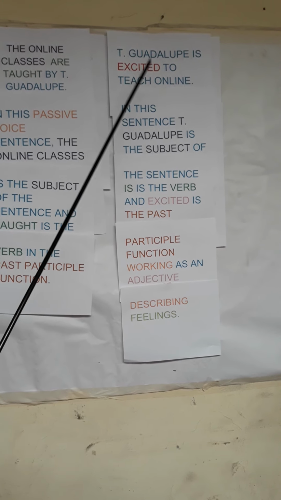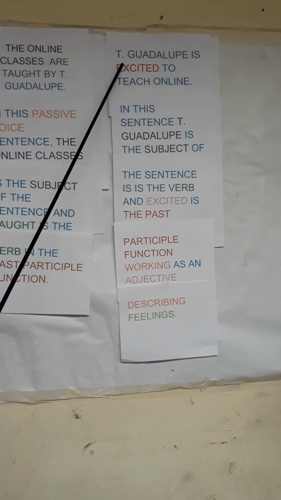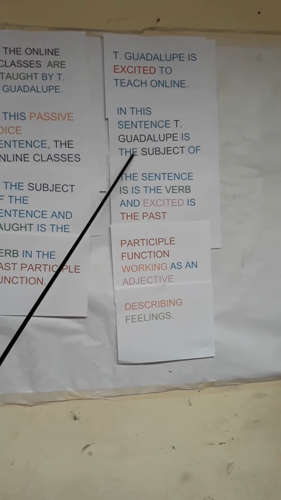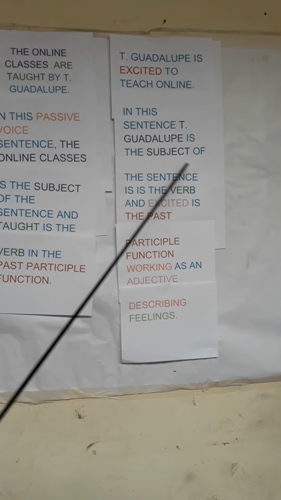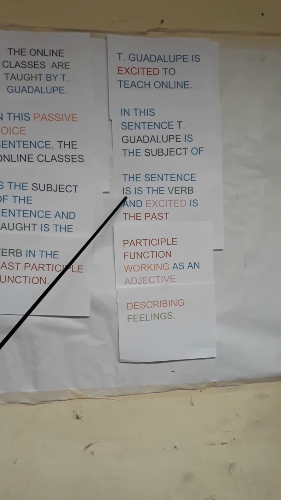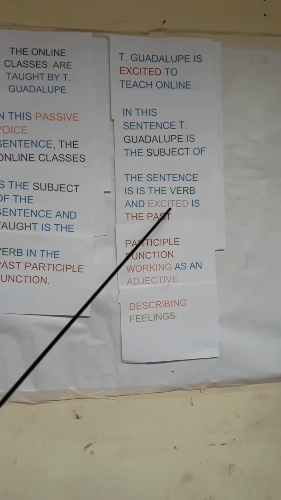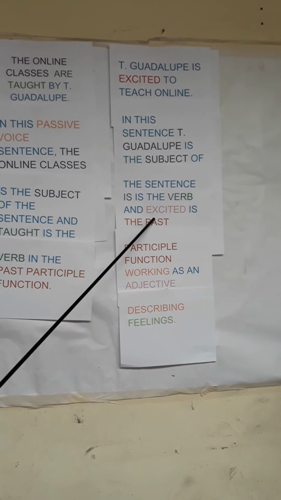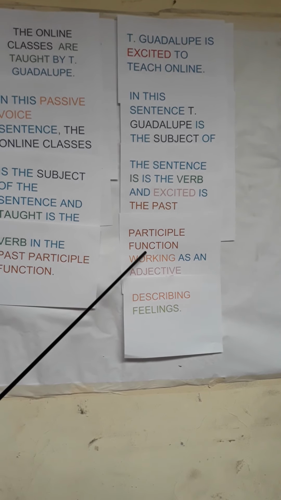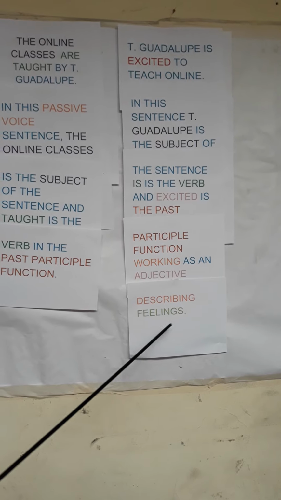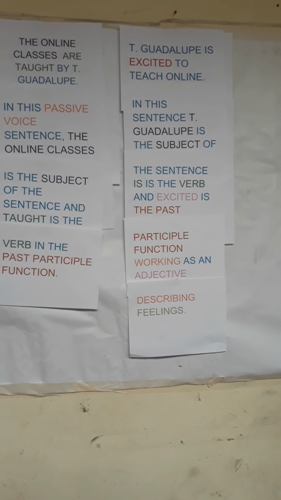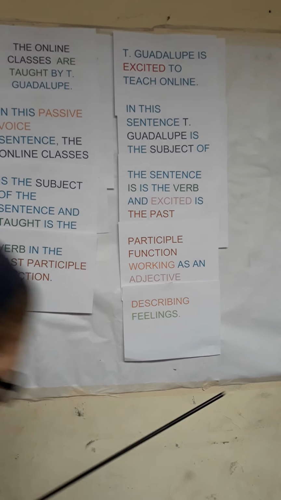So it says, Teacher Guadalupe is excited to teach online. In this sentence, Teacher Guadalupe is the subject of the sentence, and is is the verb, and excited is the past participle function working as an adjective, describing feelings. Okay.